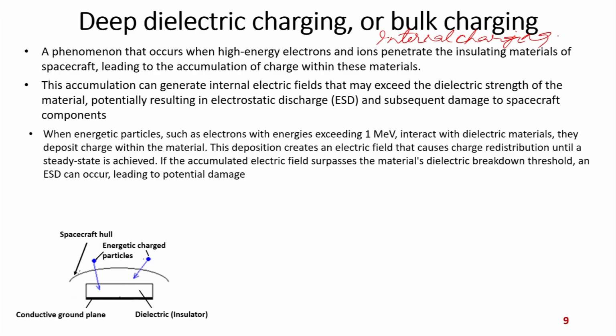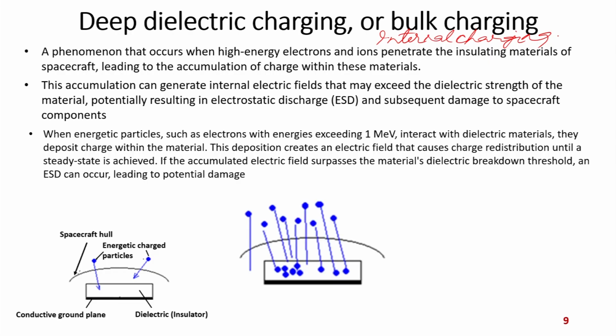Now, what is happening is that very high energy particles are entering the hull, and they impinge on the dielectric. They enter the dielectric, and as we already said, it will develop a potential.